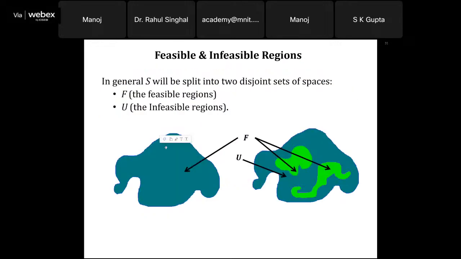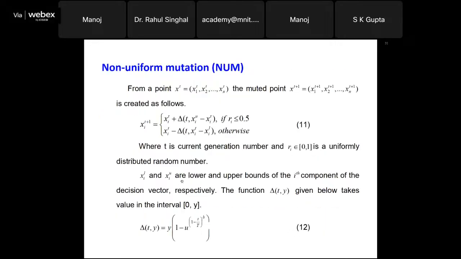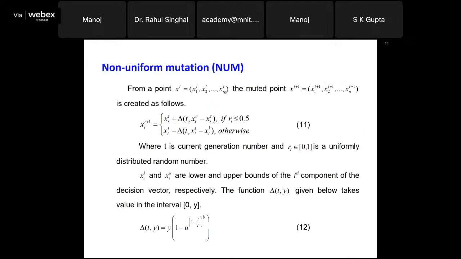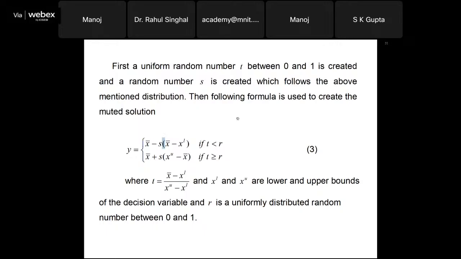Then depending upon this value T, which is similar to the previous formula, we perturb the solution. Again, if you are more towards the right, the probability of perturbing towards the left would be more, so that you float in the range with good probability.